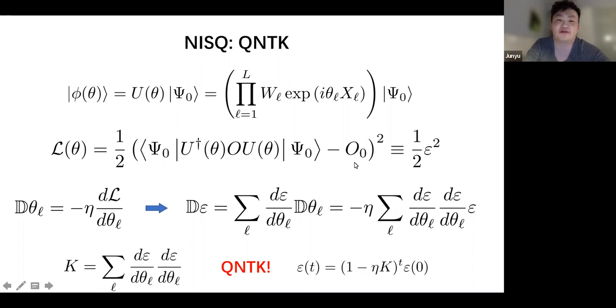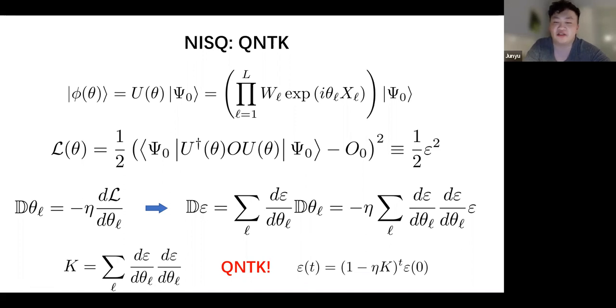You can even set it to 0 if you are going to minimize, for instance, the eigenvalue of the operator O, like the Hamiltonian, and find its ground states. In general, I just keep a constant here for future convenience. I will call this whole quantity epsilon, the so-called residual training error.